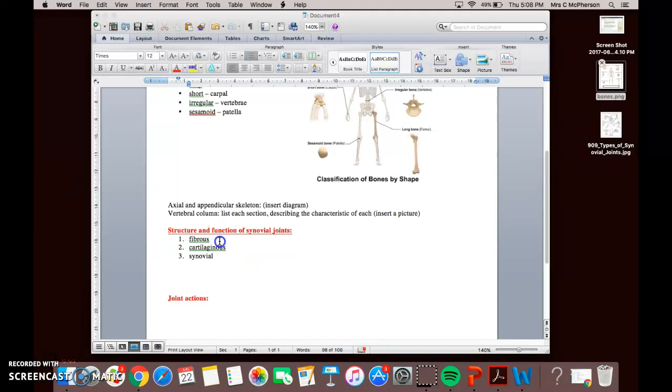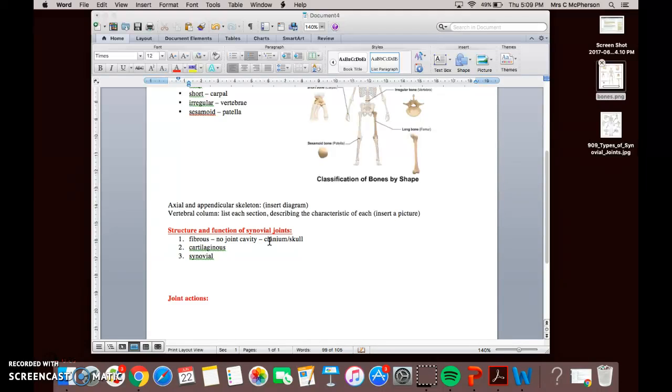So we're talking about fibrous, no joint cavity, and for example we were talking about the cranium or the skull.